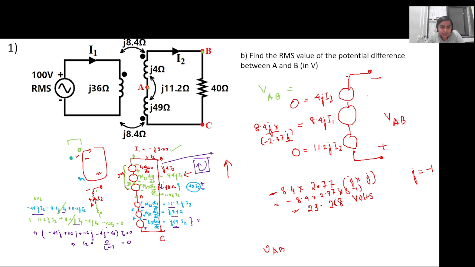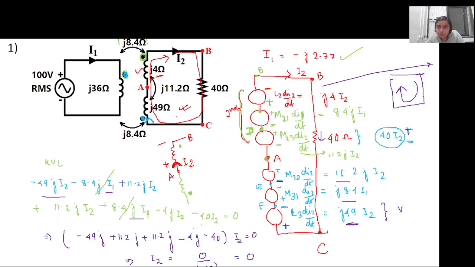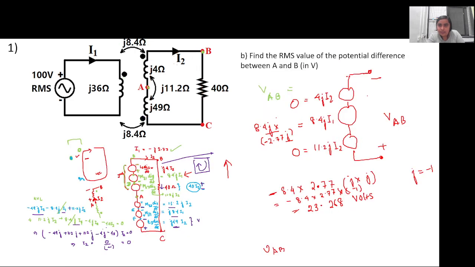If you see here, I'll zoom in. It is positive in this direction and negative in this direction. So the voltage is actually like this. Sorry, this will have a negative sign. So it will be minus 23.268. Is it okay with everyone?